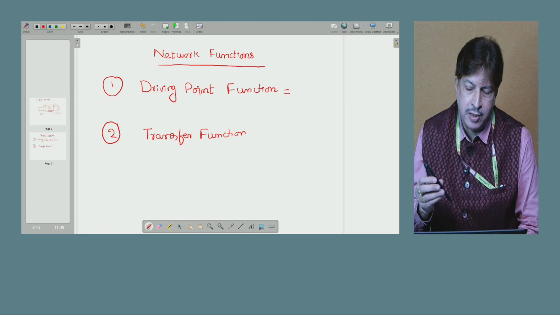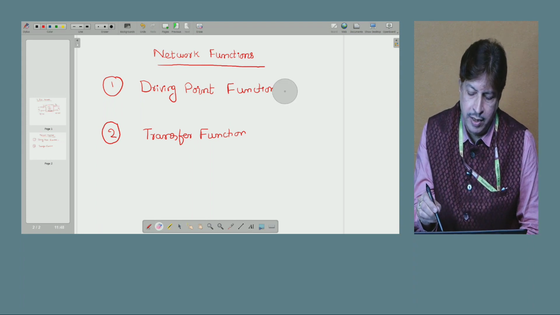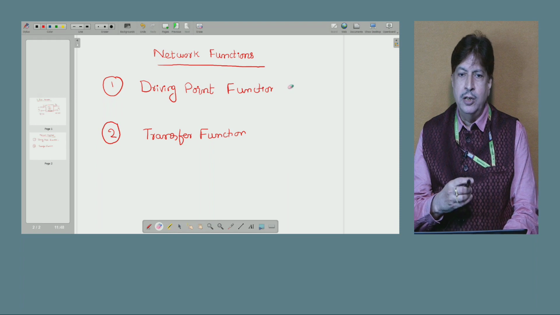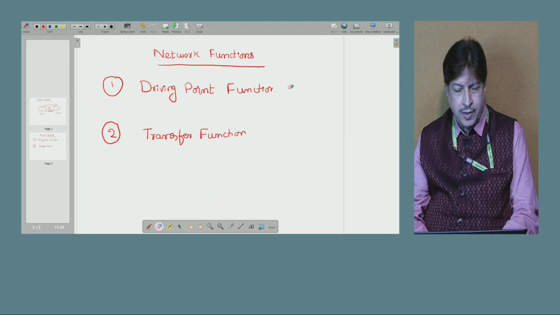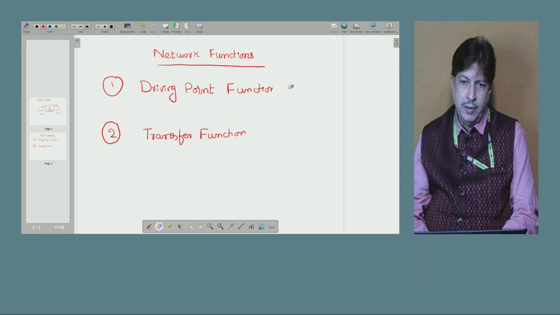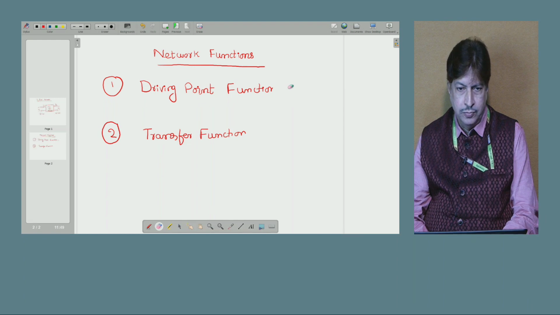Hence, the first key point you need to register in your mind at this stage is the fundamental difference between driving point function and transfer function. In case of driving point function, both numerator variable and denominator variable belong to the same port.